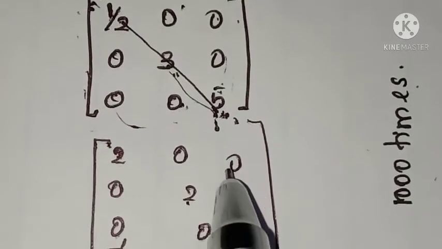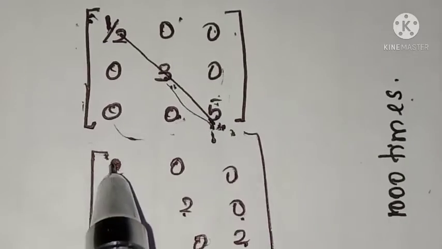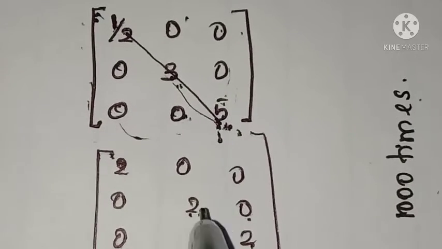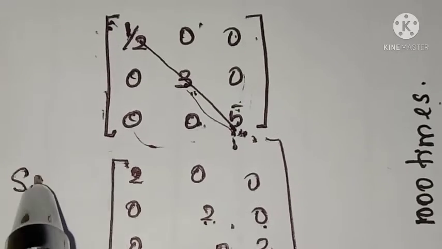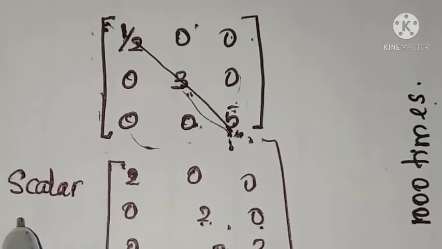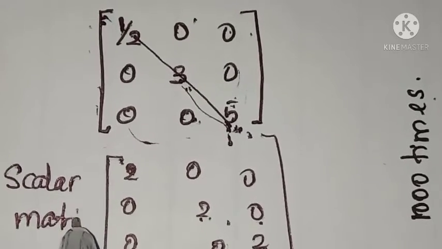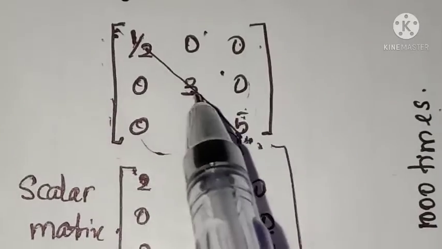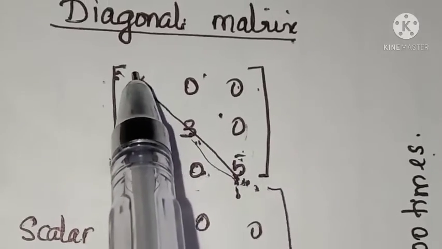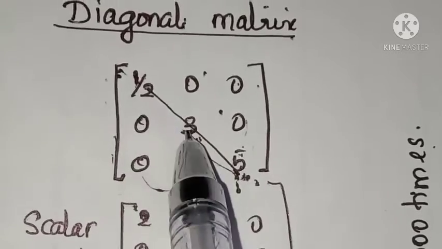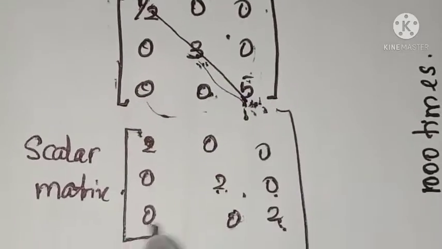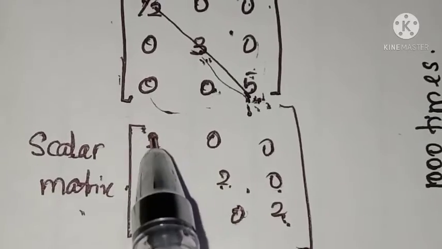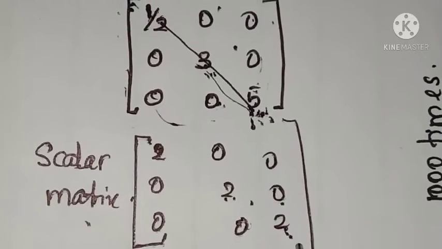All other non-diagonal entries are 0. Here all the diagonal elements are equal and therefore such a matrix is known as a scalar matrix. So diagonal matrix and scalar matrix, what is the difference? In a diagonal matrix it is possible to have different diagonal elements. But in the case of a scalar matrix, the diagonal entries are the same.